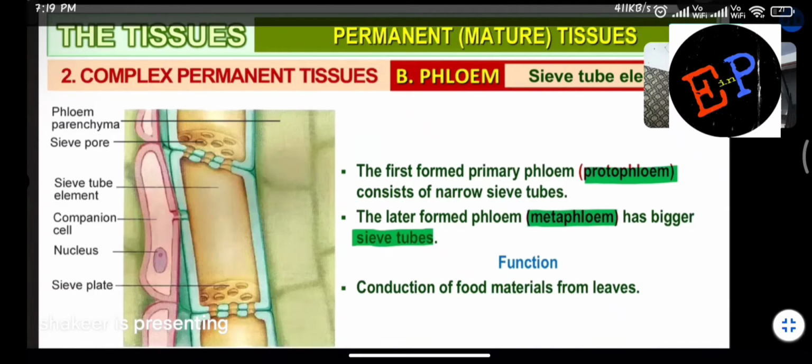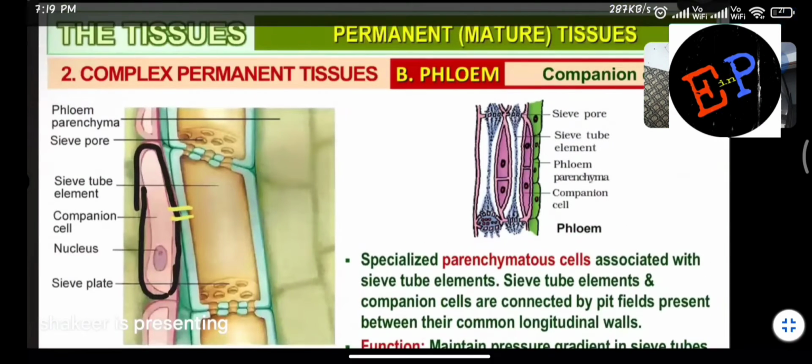It means narrow sieve tubes are present in the initial stages of the phloem, which is called protophloem, and in the metaphloem, the later formed phloem, you will find bigger sieve tubes. And what is the function of phloem? We have already studied. Conduction of food materials from the leaves to other parts of the plant is the function of phloem.